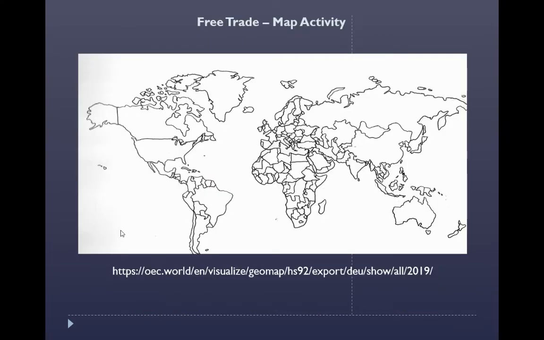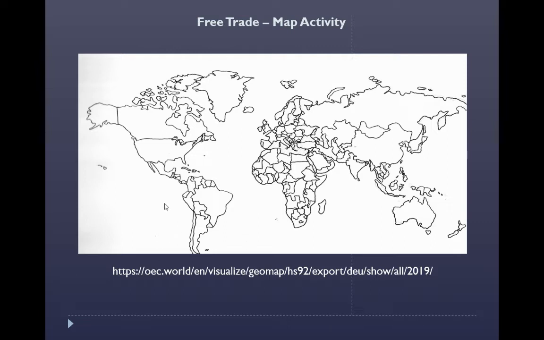Okay, so if you are not in class, you're going to want to grab one of these maps from me next time you're in class because you're going to need to complete the free trade map activity, the global import and export map activity. So for that, you'll need to go to this website. The link to this website is in today's D2L instructions.